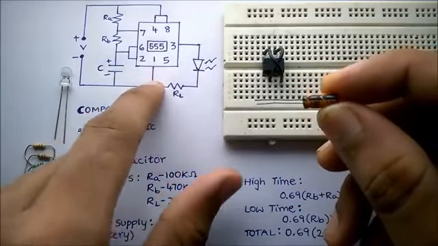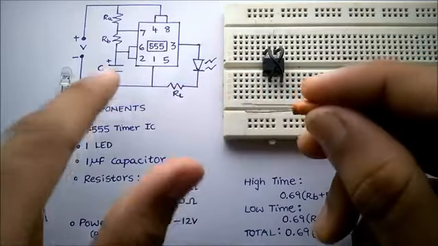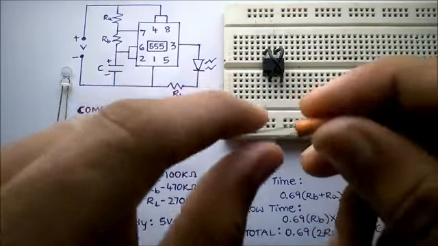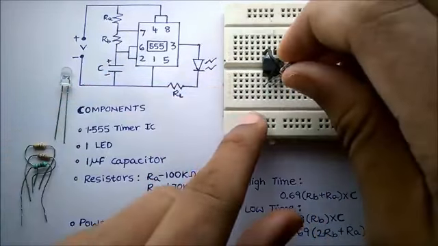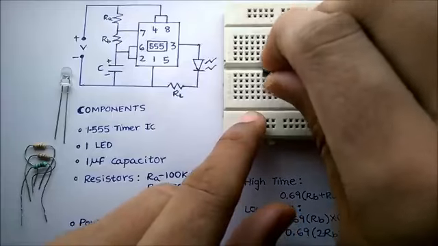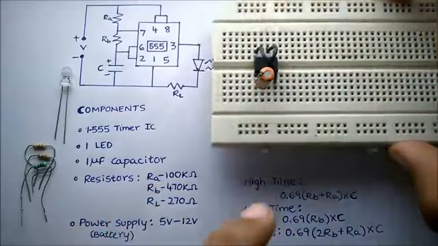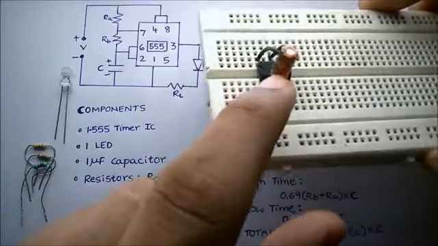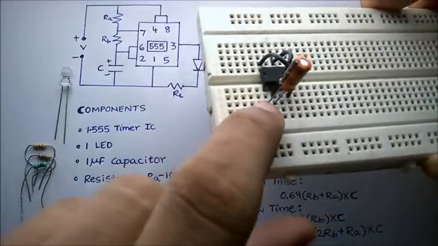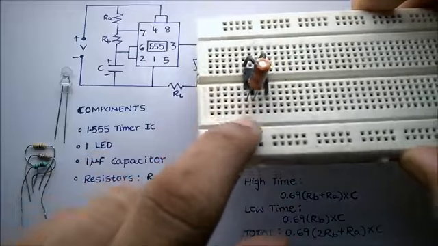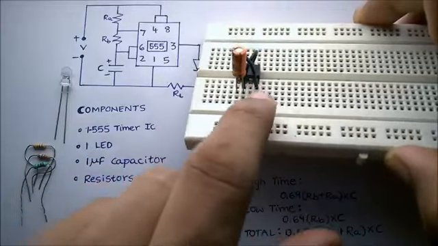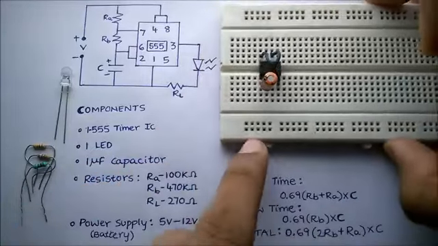The negative of the capacitor goes to pin number 1 of the IC and the positive of the capacitor to pin number 2.